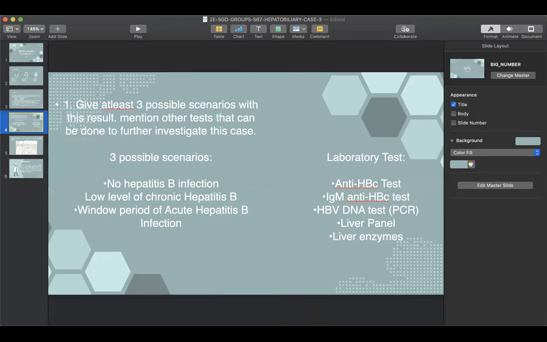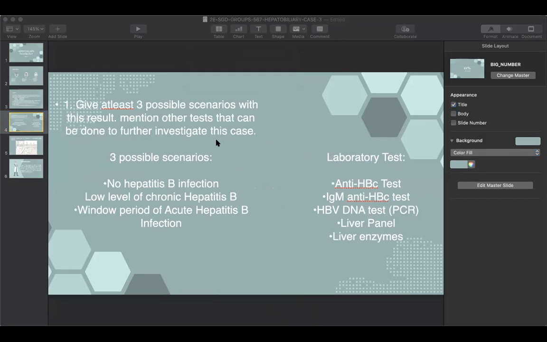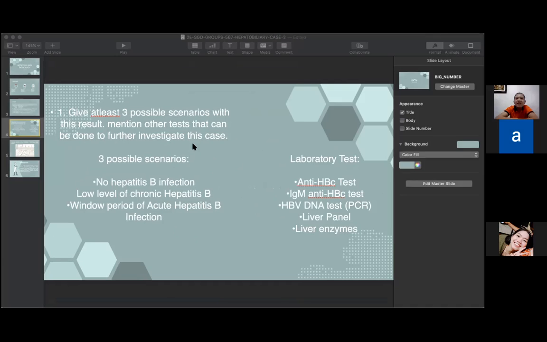Okay, so 3 possible scenarios. You're correct: if it's a false positive, that means there's no hepatitis B infection. If you have no exposure, then you don't build antibody against that antigen, so that means you don't have that infection.